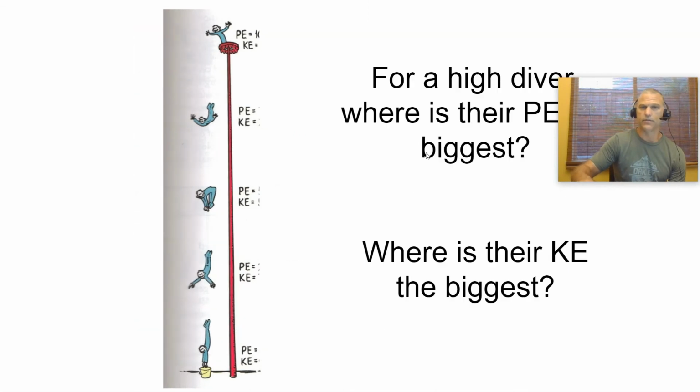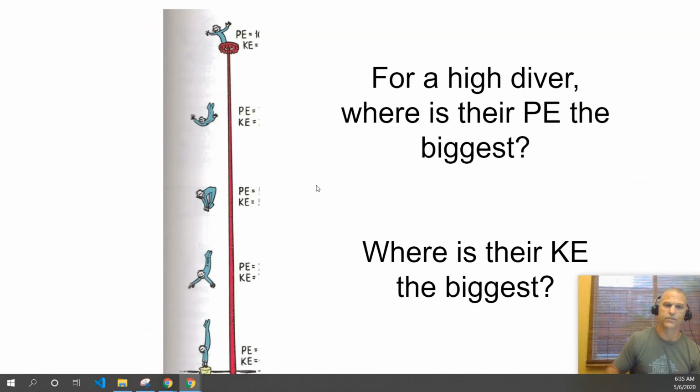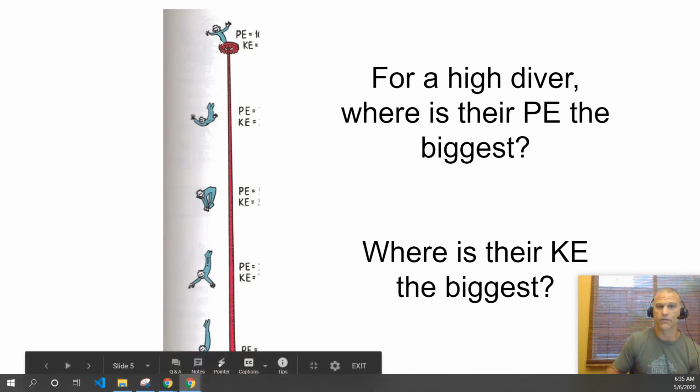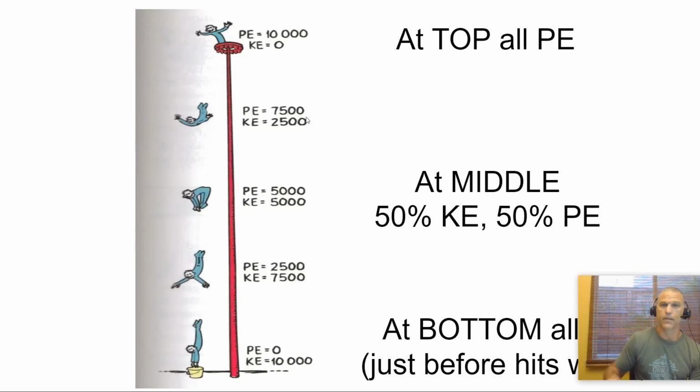If we do another example, we have a high diver diving off a platform, which is essentially the same problem as the ball rolling down the ramp. He starts up high. As he jumps off, he's going to speed up and he's going to convert the potential energy into kinetic. If we watch this one, he starts with 10,000 joules of potential energy.